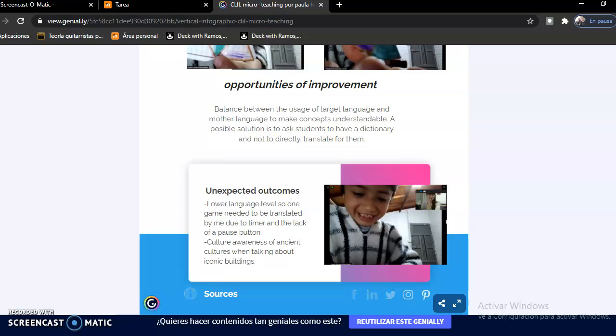The second aspect was the cultural awareness of ancient cultures when talking about iconic buildings. This is a positive outcome because of the cultural contextualization and the work on awareness of different cultures at this age. I used an example for the pyramid based on the Egyptian pyramid, and he was excited because he knew a little bit about it.